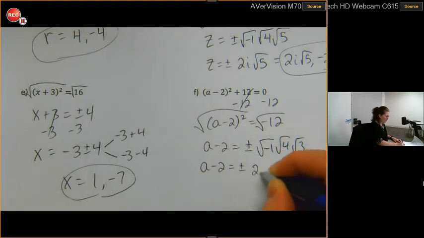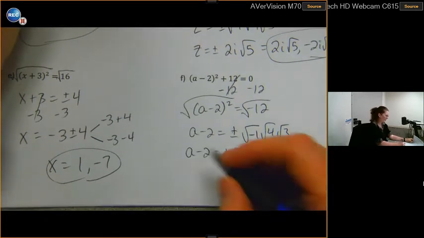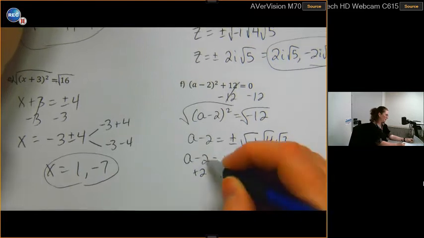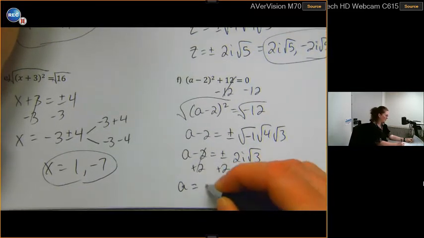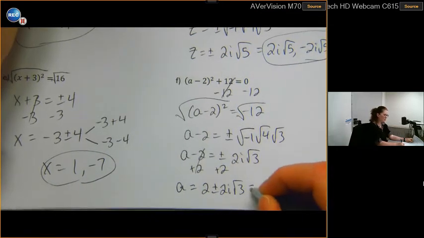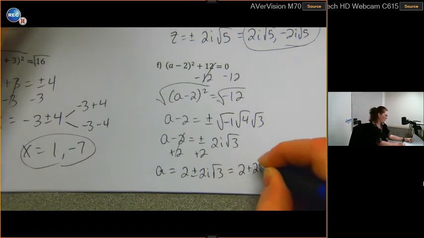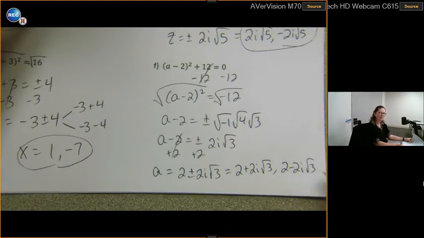Plus or minus 2i square root of 3. And then I'm going to add 2. This 2 is not like terms with the 2i root 3. So I have a equals 2 plus or minus 2i root 3. Or if you have to write it separately, it's going to be 2 plus 2i root 3 and 2 minus 2i root 3.